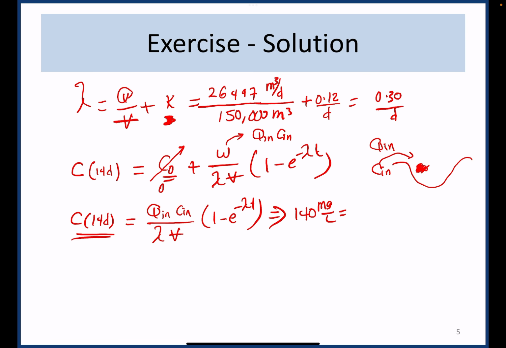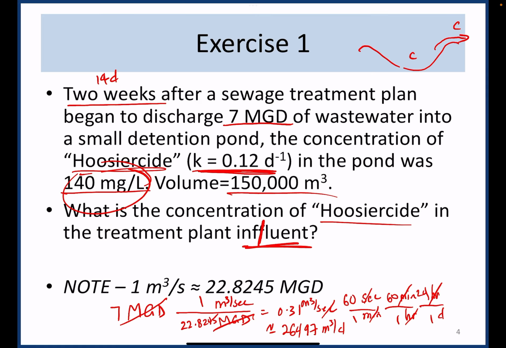Equal to Qn: we have Qn as 26,497 meter cubic per day, and Cn is unknown. We need to find Cn because he wants to find the concentration of this organic in the influent.